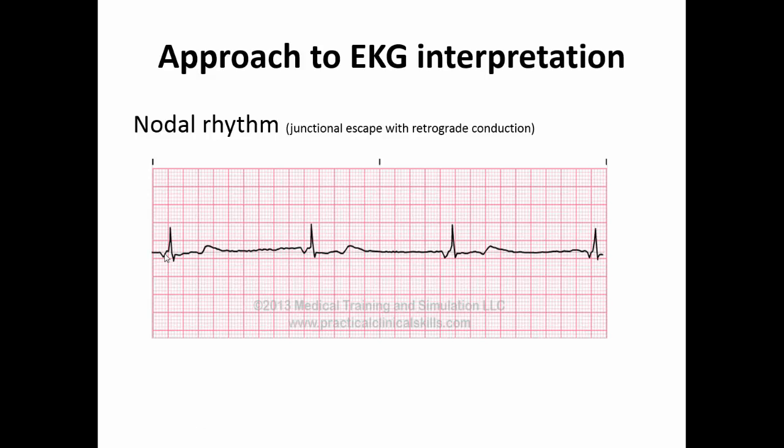So instead of coming down from the SA node into the node, it starts at the node and goes the opposite direction, back up towards the SA node, and that's why you see what we call an inverted P wave. The P wave's upside down.